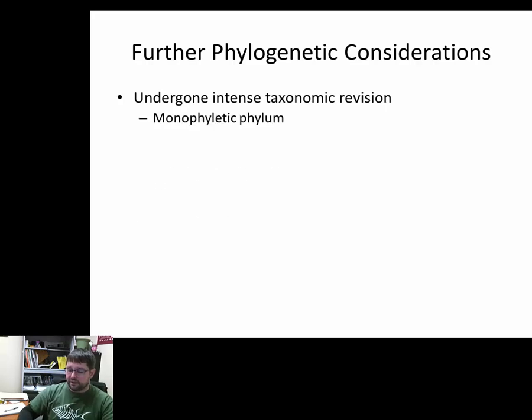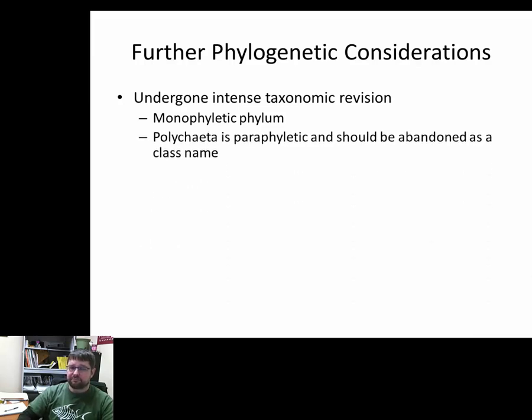We're trying to get them into a monophyletic phylum. Oligochaetes right now are paraphyletic, and so the current preference from the scientific community would be to get rid of Oligochaetes, abandon that class name, and develop a new class or multiple classes because they're paraphyletic.